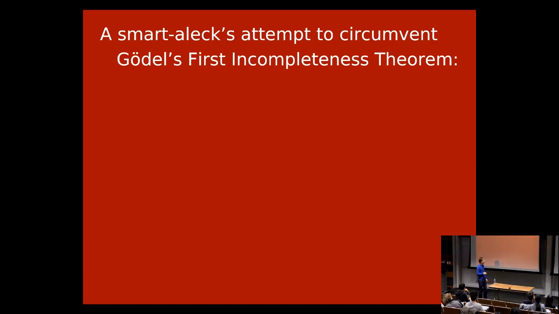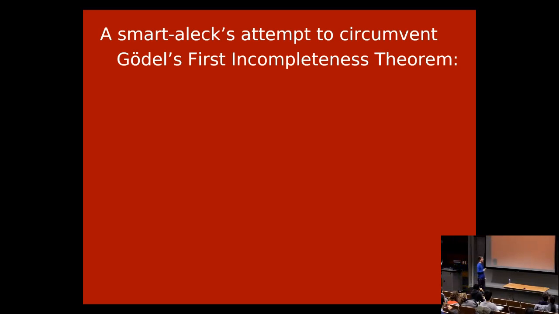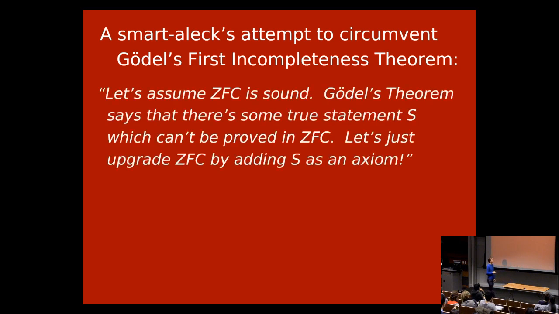Now, I call this a smart-aleck's attempt to get around the first incompleteness theorem. Actually, it's not such a silly attempt. It's a natural thing to think about. You might say, okay, fine. Let's assume that ZFC, our favorite deductive set of axioms for math, is sound. So Gödel's theorem tells us there's some true statement which cannot be proved in ZFC.